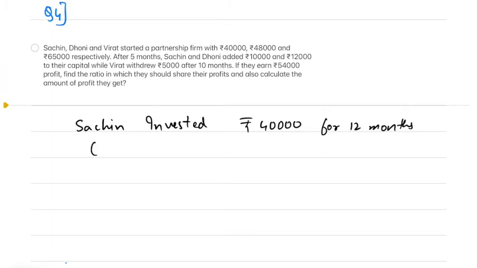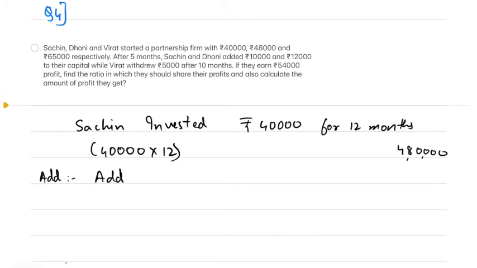So 40,000 into 12. 4 into 12 is 48, and then 4 zeros, which is 4,80,000.